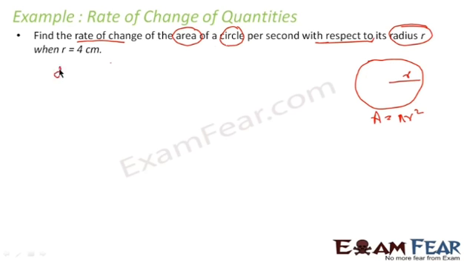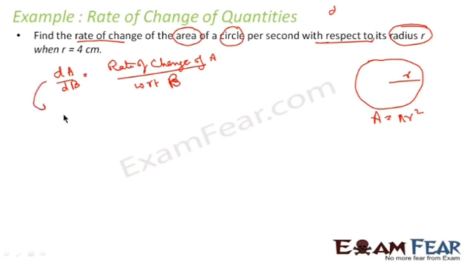That is, I told dA by dB, this is nothing but rate of change of A with respect to B, correct? So here they are talking about rate of change of area.